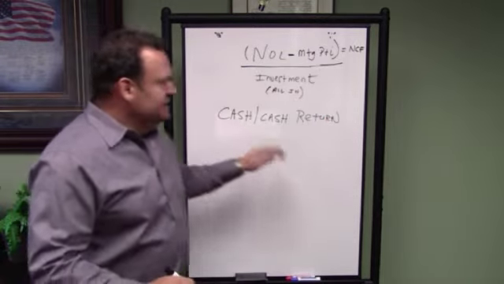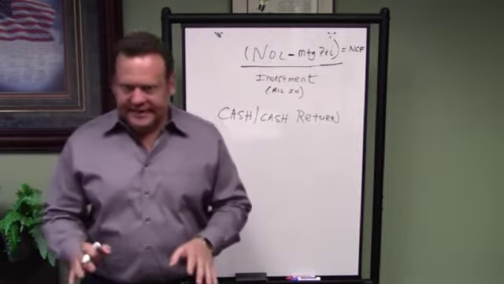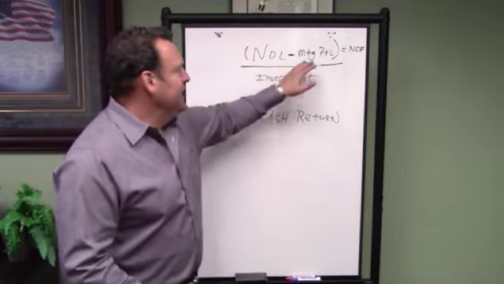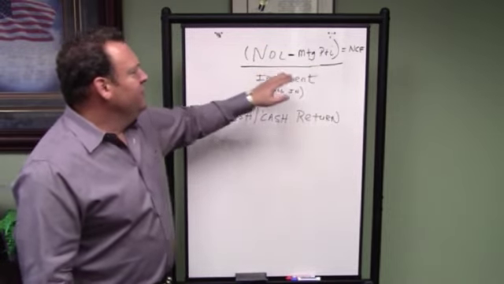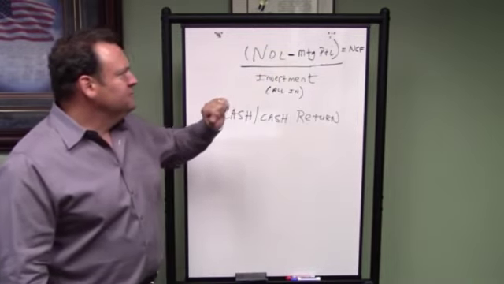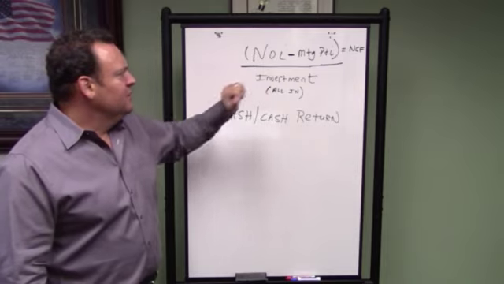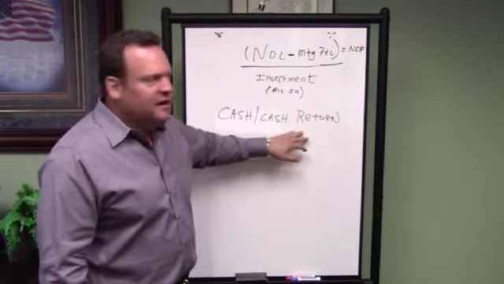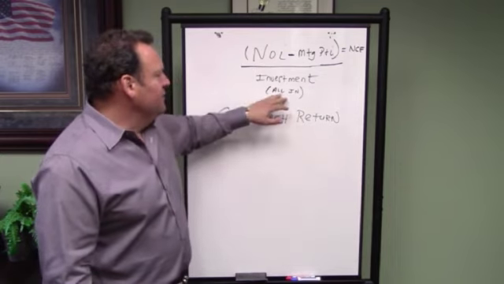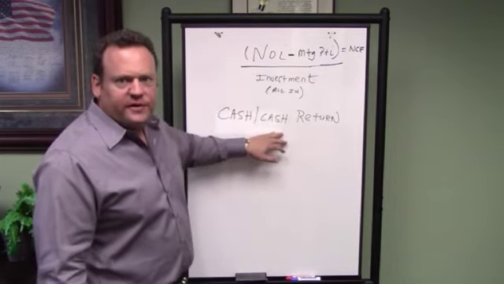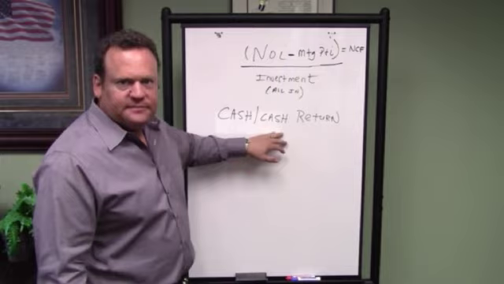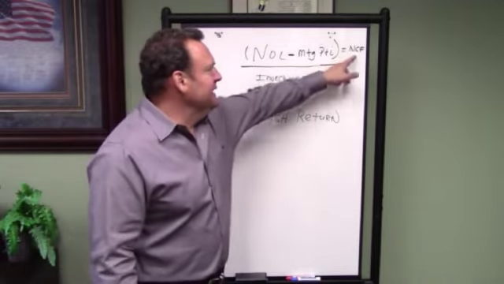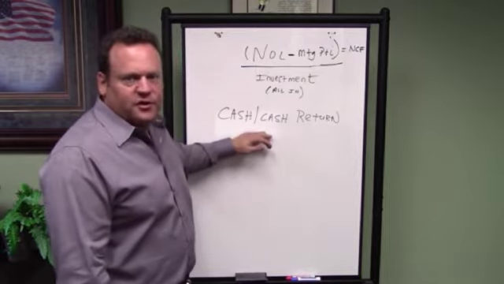Now, is this different from cap rate? Yes, it is. Because this takes into account the type of financing. So the bigger your mortgage, it's going to affect cash-on-cash return. The less money you put down, the higher your cash-on-cash return. Does that make sense? The higher the interest rate, that means the less net cash flow, which means a lower cash-on-cash.